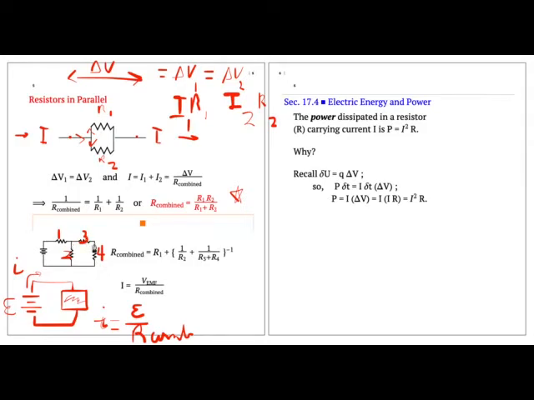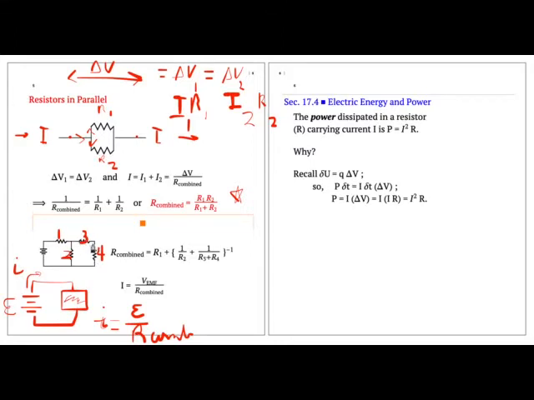Now, R3 and R4 are in series. See, any current that goes into R3 also goes into R4. So R3 and R4 are in series.